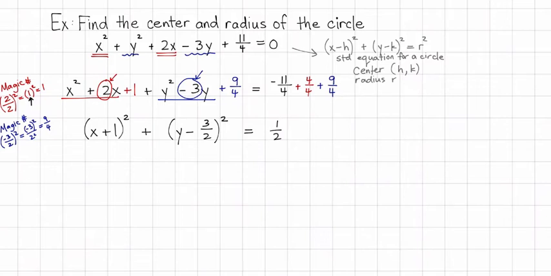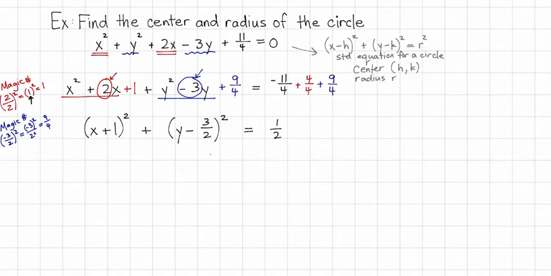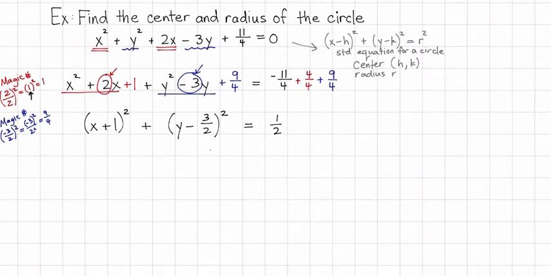Okay, so this new equation seems to be a lot more in the form of that standard equation that I talked about over here, right? So I might just want to rewrite it a little bit more so that I can pick off that h and that k and that r really easily.